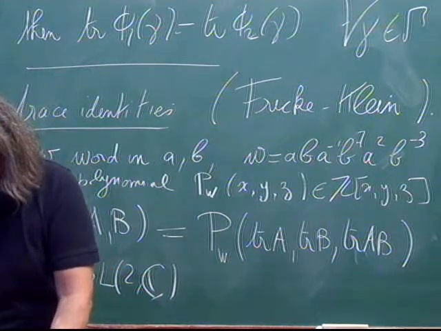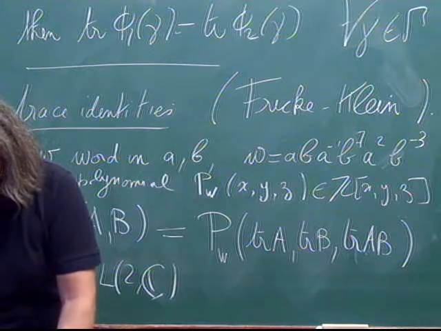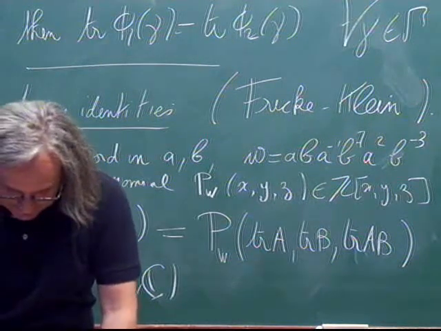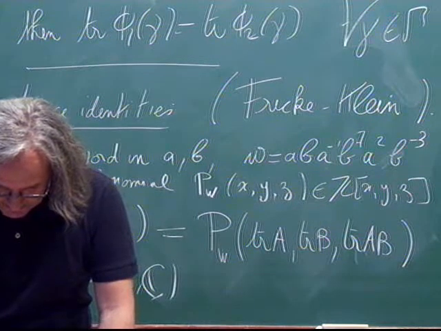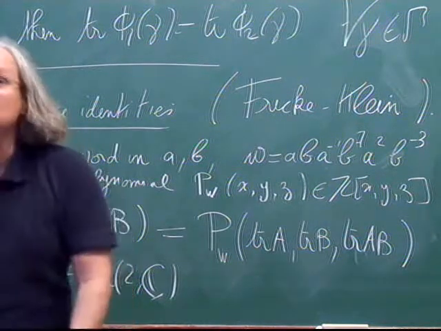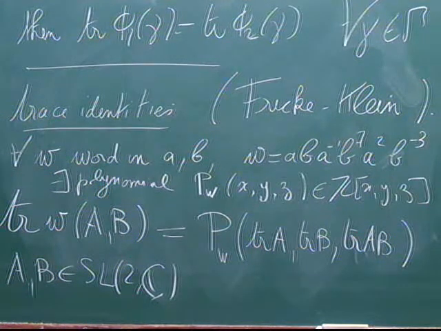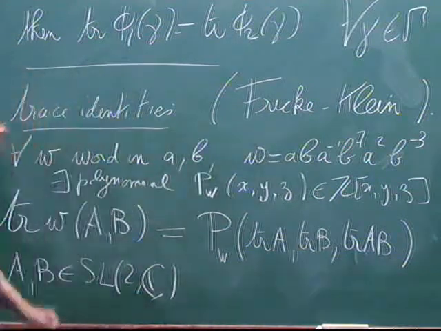But that was not convincing. Fricke and Klein was published in 1912, the year of the death of Poincaré. So, but anyway, this book is wonderful.